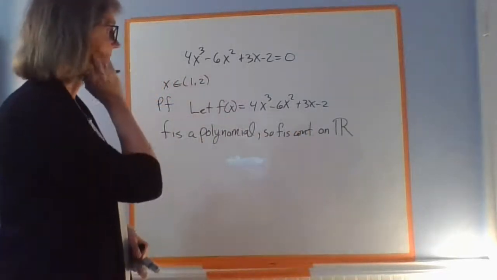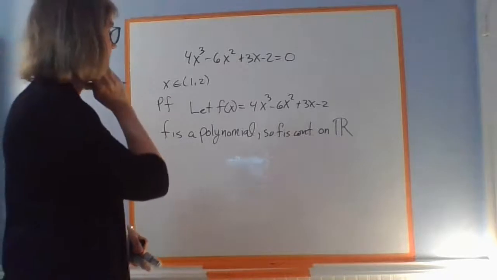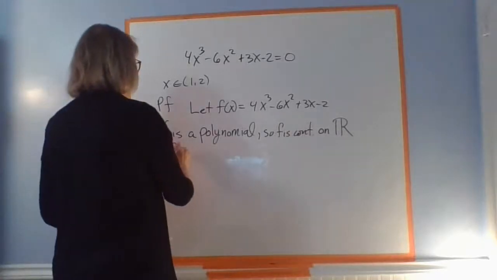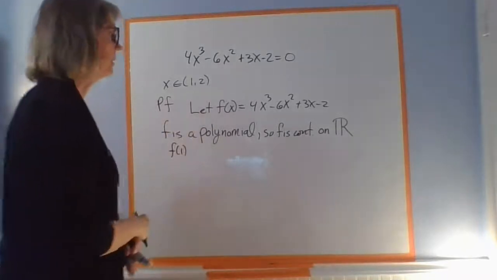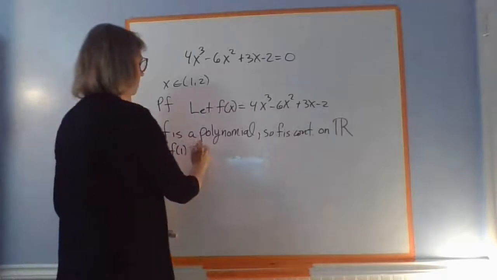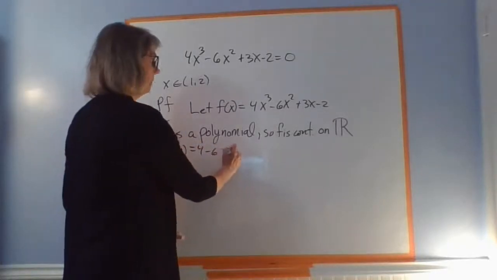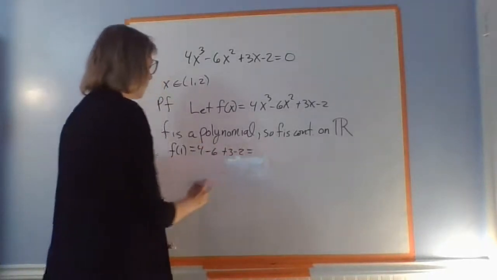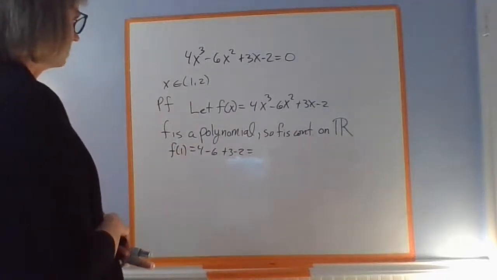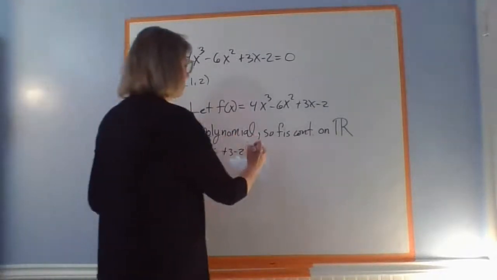Now, we want to show that there is some number that would make this equal to 0. Well, let's think about that for a minute. Let's find f of 1, because we were given the interval [1, 2]. That's equal to 4 minus 6 plus 3 minus 2, and that turns out to be 7 minus 8, negative 1.